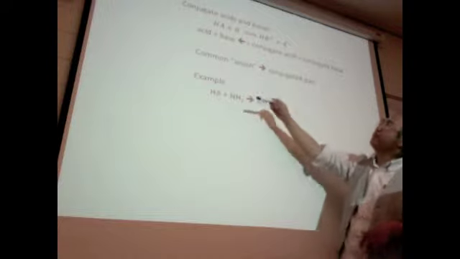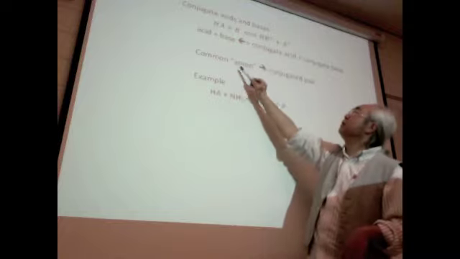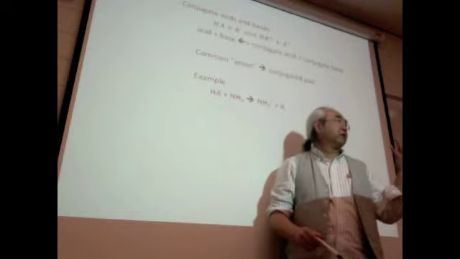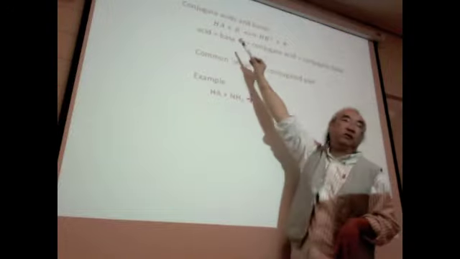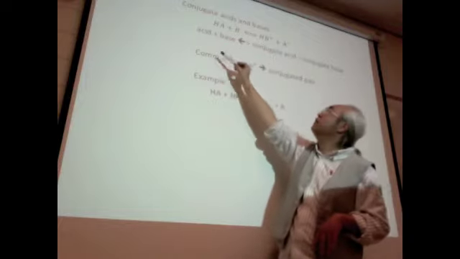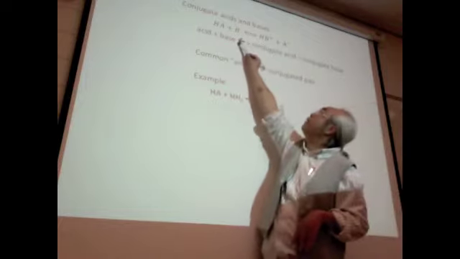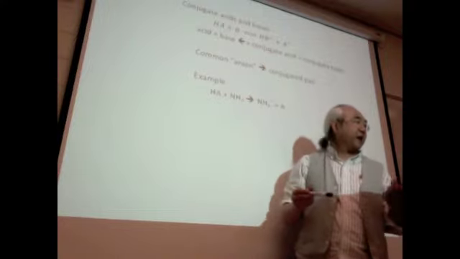So now the pair, how do you pair up the two? Just simply look at the common anion to pair up the two. So the HA and the A minus is your conjugate pair. Similarly, your B and the HB+ is your conjugate pair.